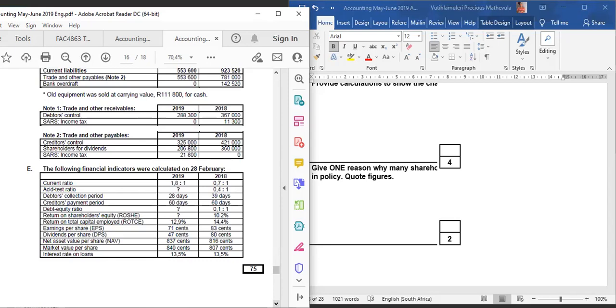To calculate the payout ratio, you take dividends per share and divide it by the earnings per share. So for last year, you take 80 cents over 83 cents.